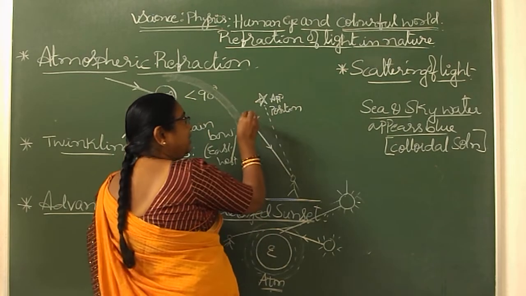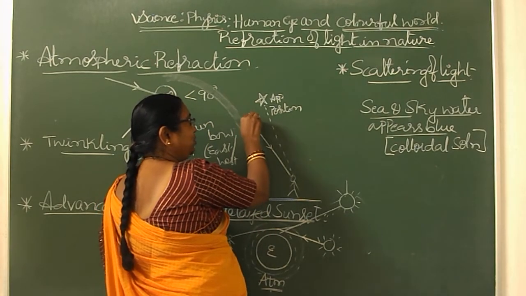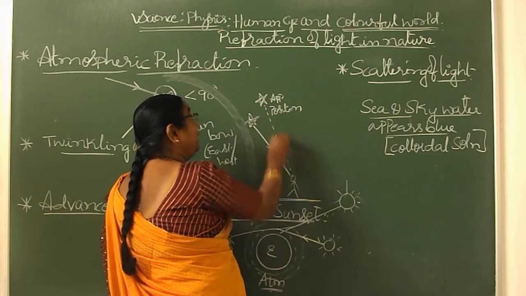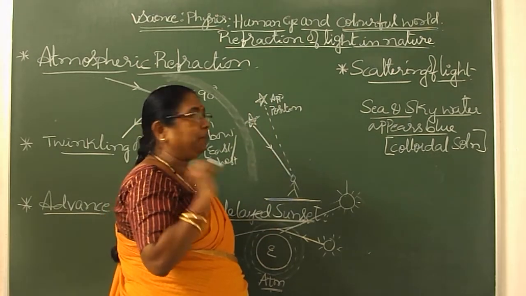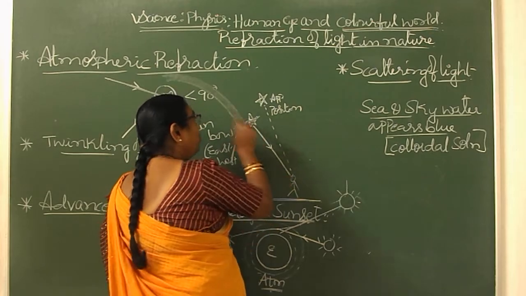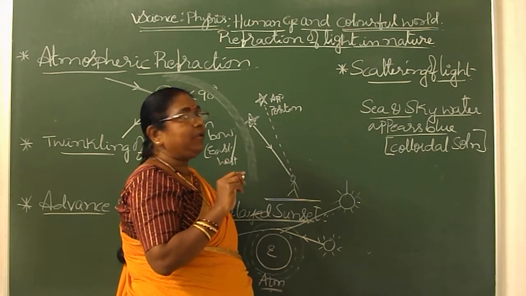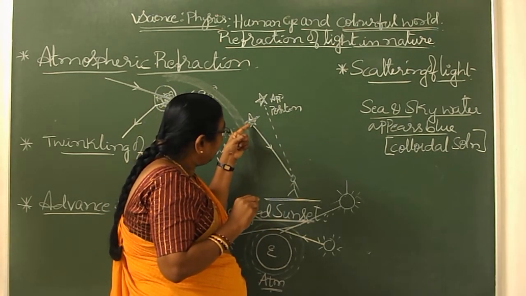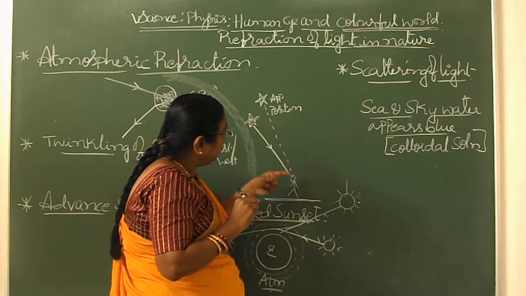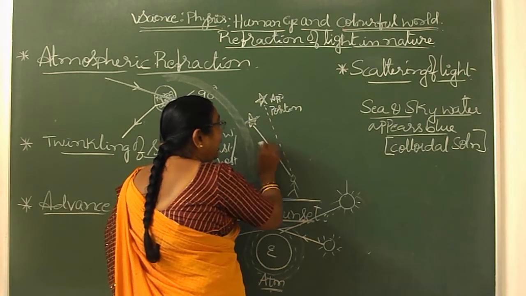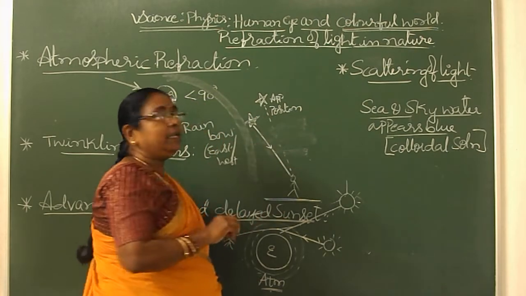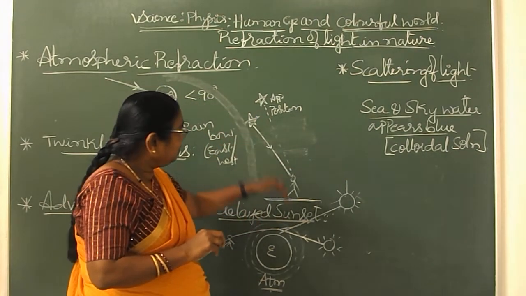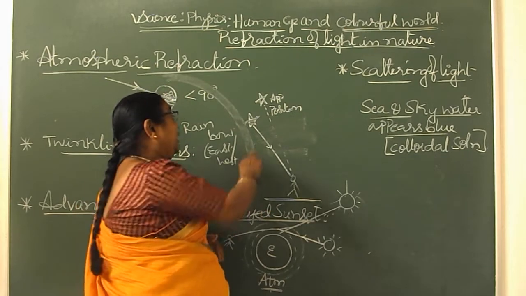Then, when you look at a star at one position, it appears to be a little far away. That is called the apparent position. It means you are looking at it as only 1 light year away, but the light ray which enters from the star to you passes through the atmosphere. When the atmosphere sends the light ray and it comes to you, it is refracted.